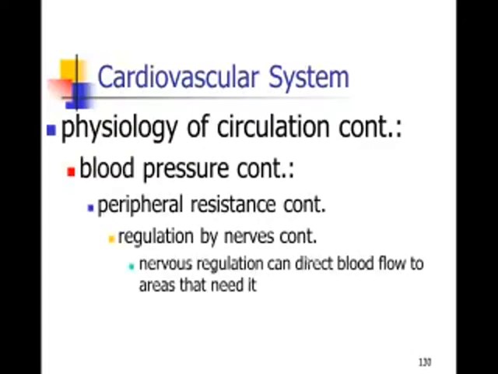Okay. So nervous regulation can also direct flow into specific areas of need. Some areas that need more blood flow to satisfy their requirements will be able to get more blood by this dilation of the arterioles leading into those capillaries, and the areas that don't need as much will have vasoconstriction, and that reduces the blood flow into areas that don't need the blood flow as much.